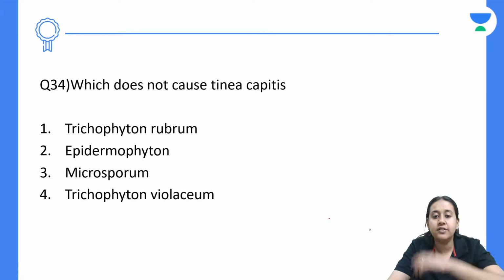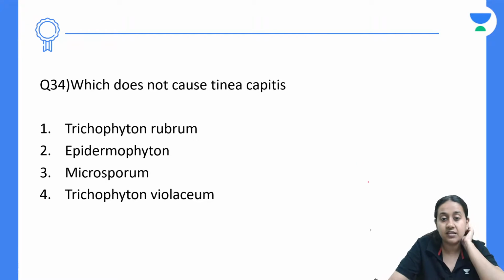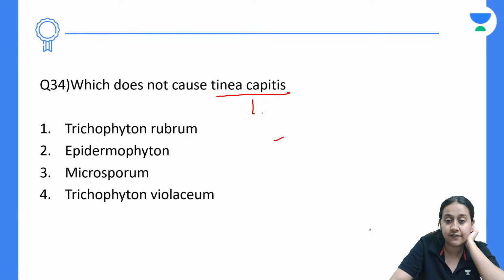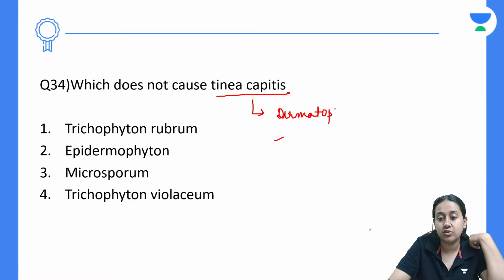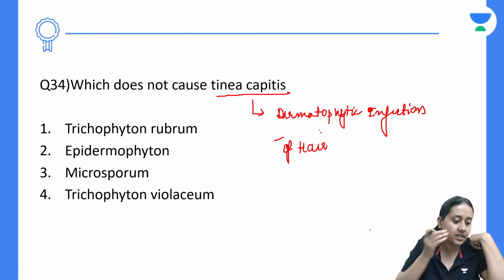Now I have a question. Which of the following does not cause tinea capitis? Tinea capitis is what? It is the dermatophytic infection of the hair. So please tell me the correct answer.